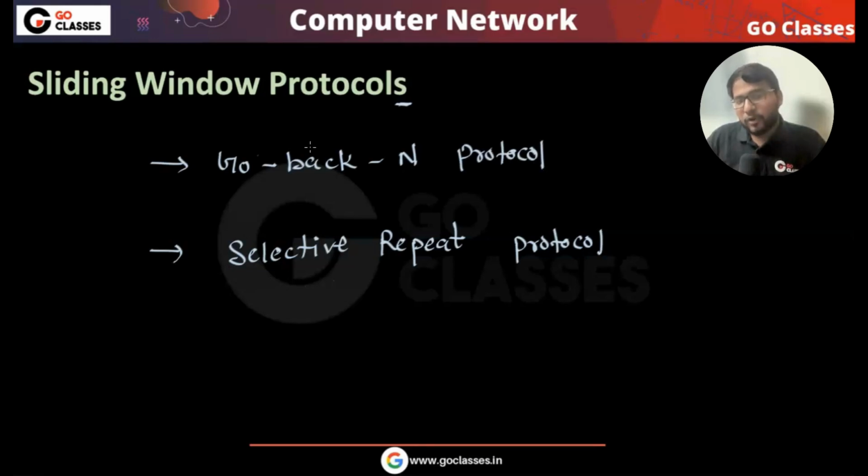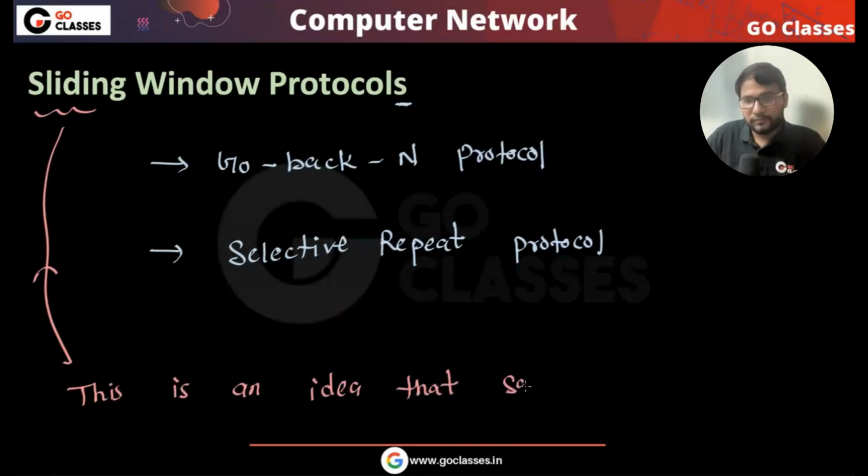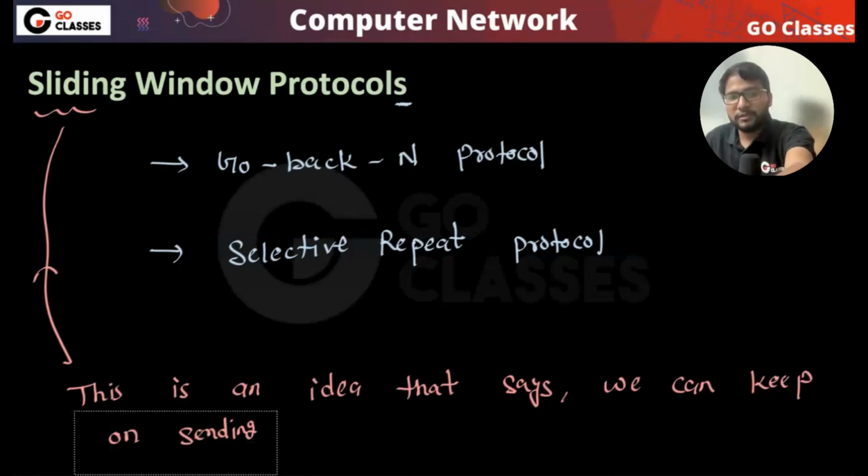So this sliding window protocol is one idea that says we can keep on sending data, or maybe we can send multiple frames in an RTT.